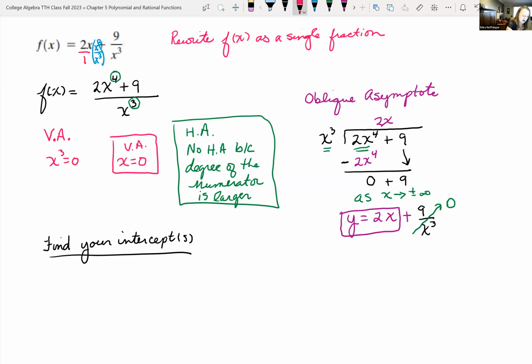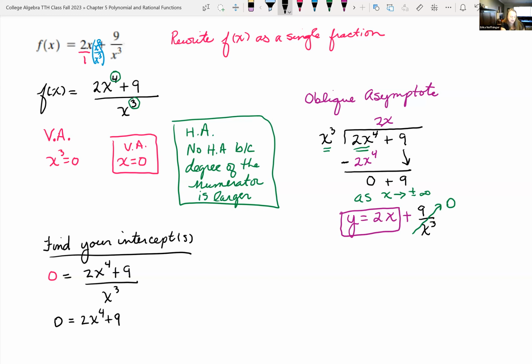And so I have 0 is equal to the rational function I found, 2x to the 4th plus 9 over x cubed. Multiply both sides by x cubed, and x cubed times 0 is 0. So I have 0 is equal to 2x to the 4th plus 9.